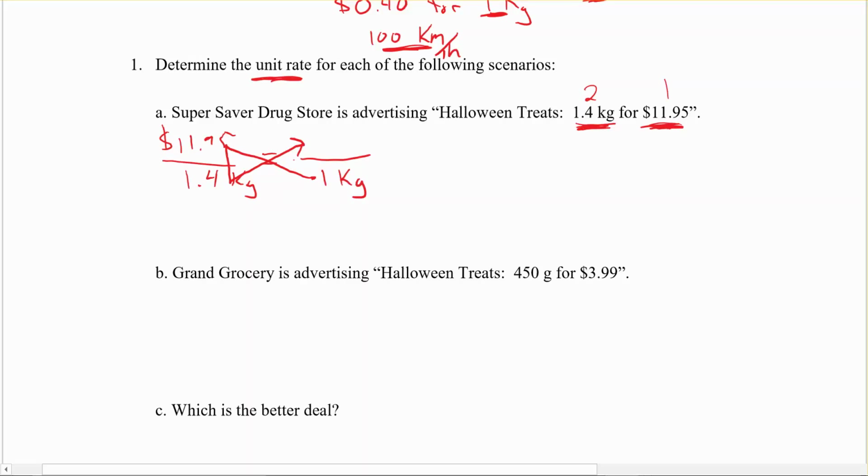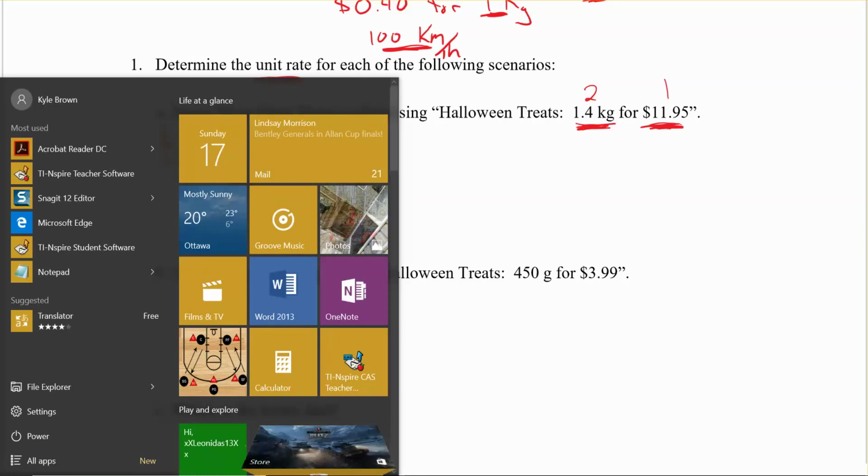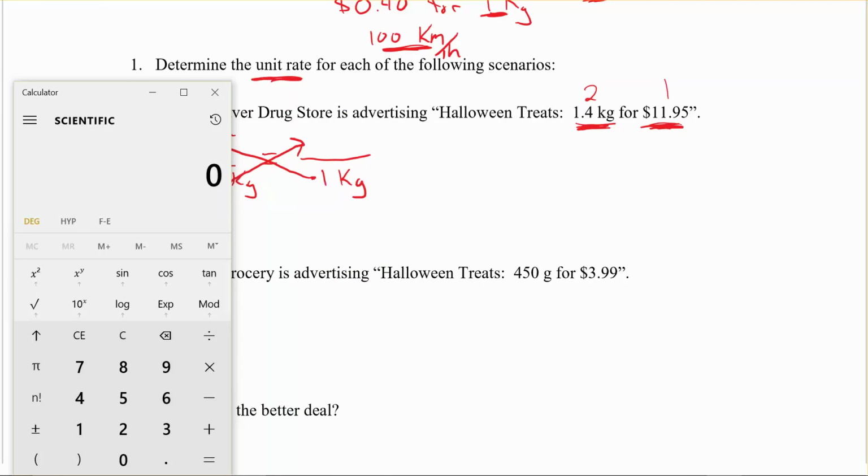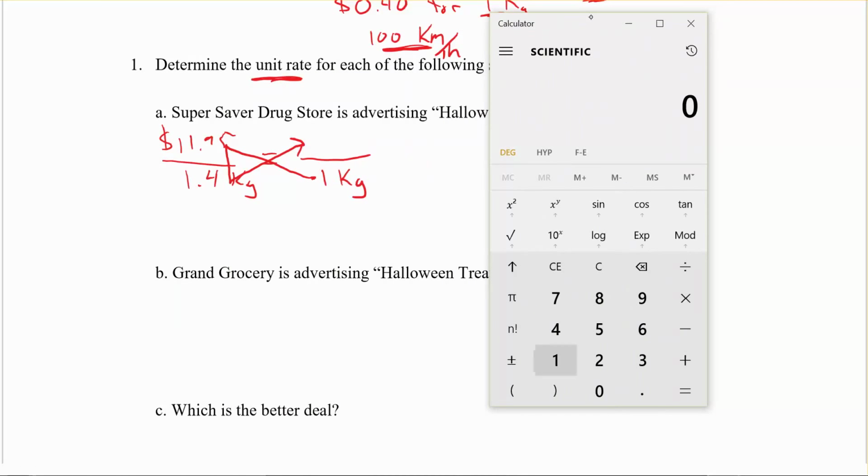So you end up going 1 times 11.95 divided by 1.4. This step doesn't really matter because it's 1. And that's equal to 8.5.